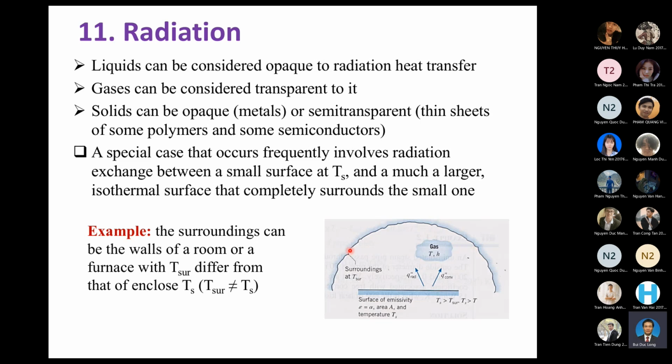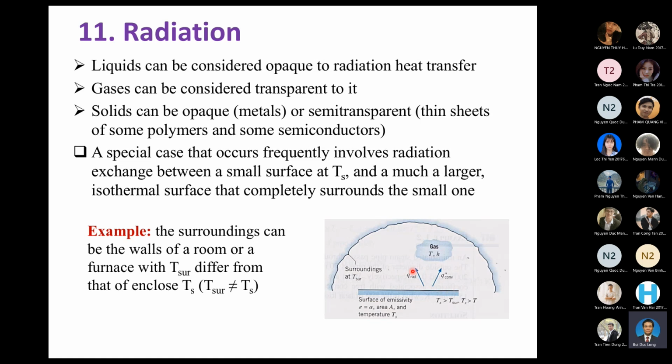So our body has a surface temperature Ts, and the surroundings have a temperature T surround, with Ts greater than T surround. So the radiation will be emitted from our body to the surrounding environment.